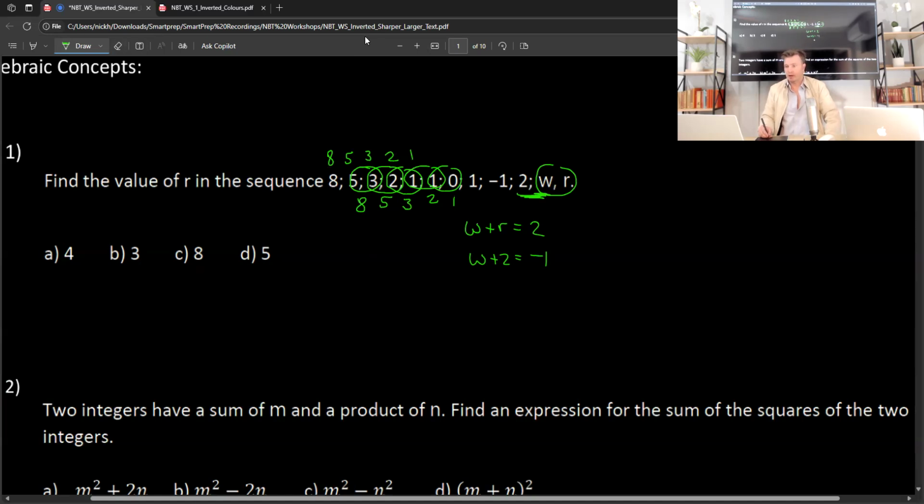Well, we can solve for that, because then we get W equals negative 1 minus 2, which is negative 3. And then we can sub that into here, and we get negative 3 plus R equals 2. Negative 3 to the other side gives us positive 3, and that's 5.